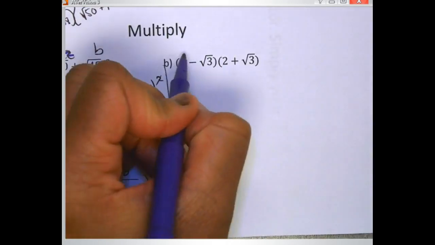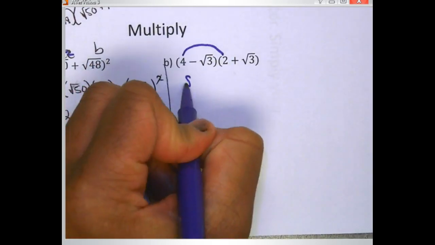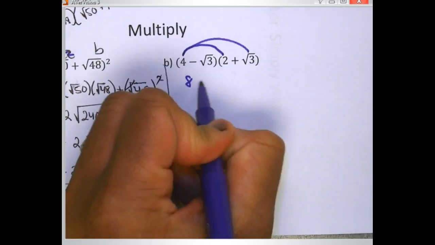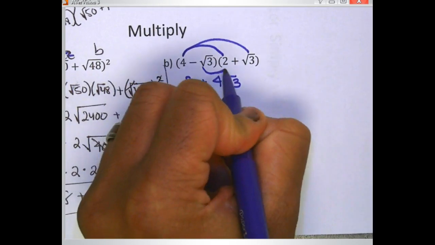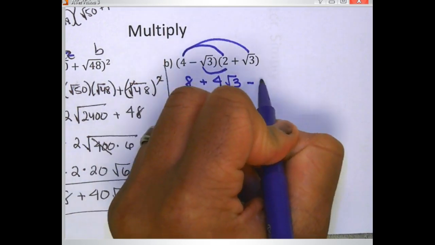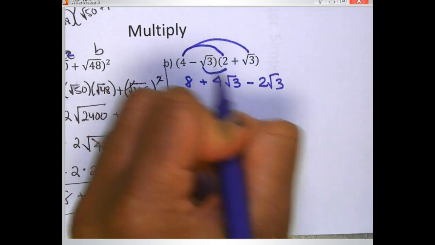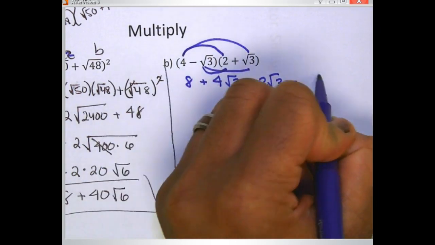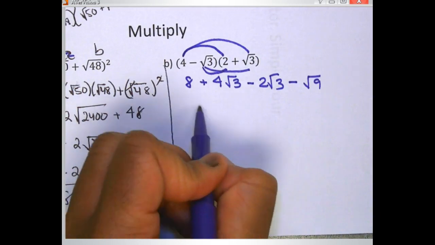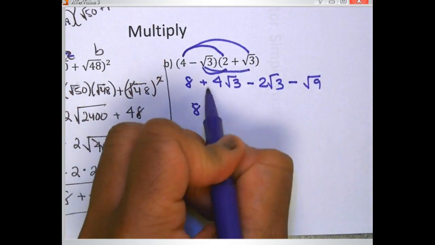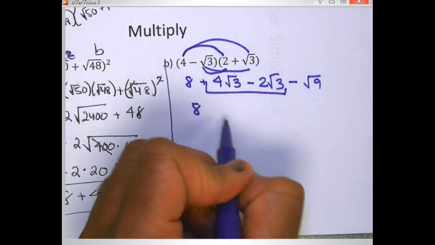So first term, let's distribute this 4 here, and I get 8, and multiply this here, and I get 4 radical 3, and then I'll multiply this and get negative 2 radical 3, and multiply here, minus radical 9. You're going to look at this and be like, well, that's way easier. And then I get 8. These are like terms.